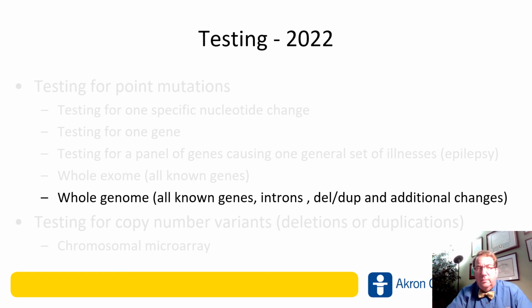There are projects going on in other children's hospitals where all sick neonates are getting rapid exome testing to try to uncover the cause of their illness. I think we're getting pretty close to that ourselves, and hopefully in a couple of years we'll be in a very nice situation. We'll be able to help children and their families with rapid diagnosis.